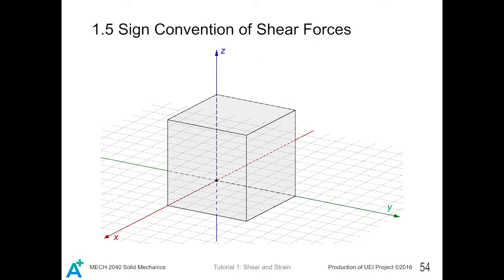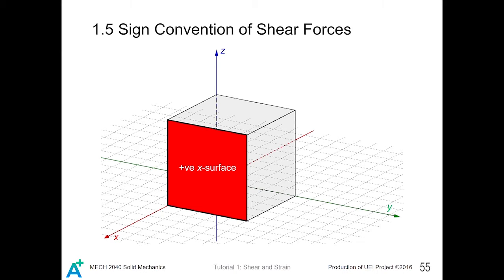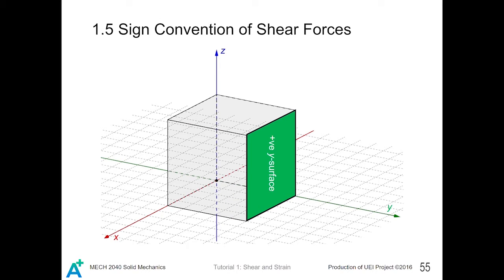First of all, let's try to understand what are positive and negative surfaces. Consider the x, y, and z axes shown here, and those three faces are facing outward. This is called the positive x surface because it is facing outward and the x-axis is the outward normal to the surface. This is called the positive y surface because the positive y-axis is the outward normal.